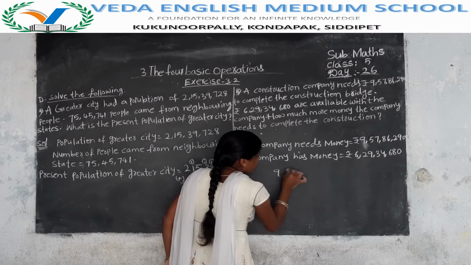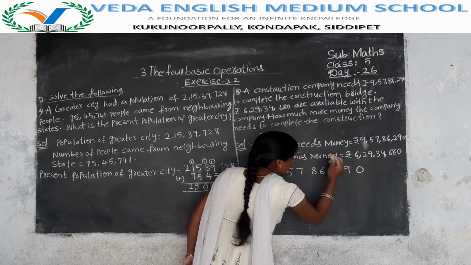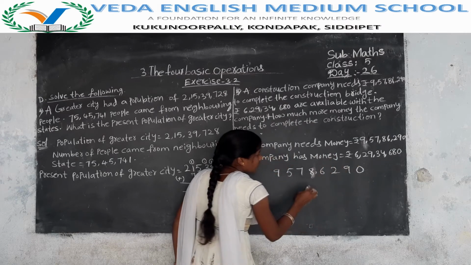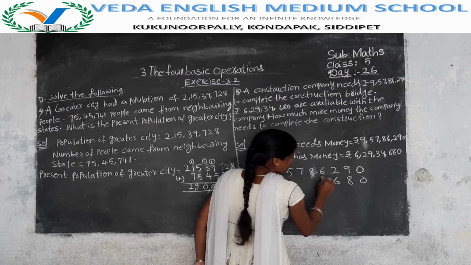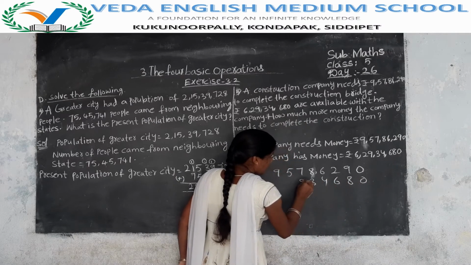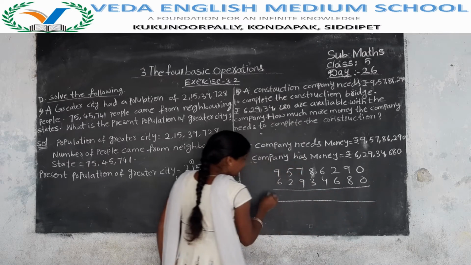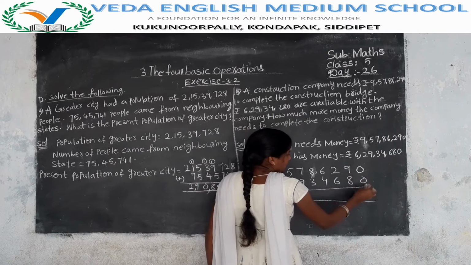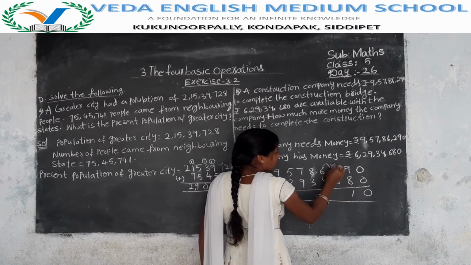9, 57, 86,290. For subtraction you have to write from right side to left side. 0 minus 0, 0. 9 minus 8, 1. 2 minus 6 is not possible. Take borrow, it is 10.